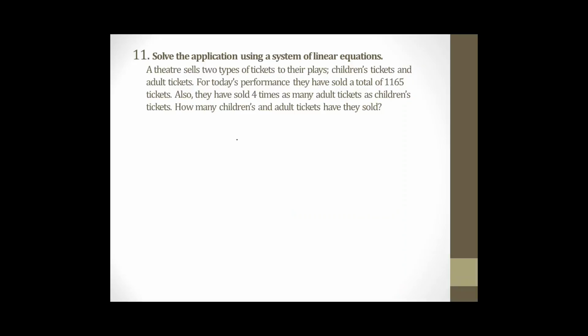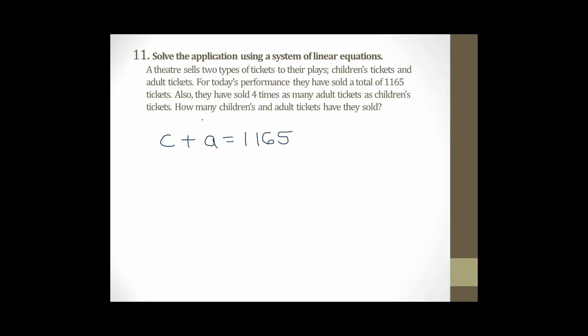Which means if we take the children's tickets, and I'm calling it C rather than X or Y so I know which one is which, the children's tickets plus the adult tickets would total 1,165. I got my first equation.